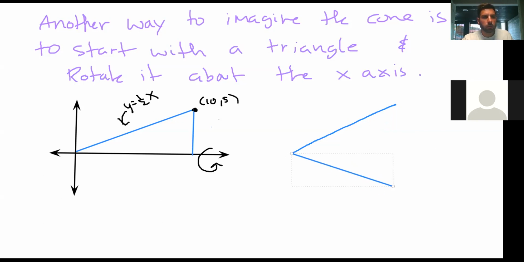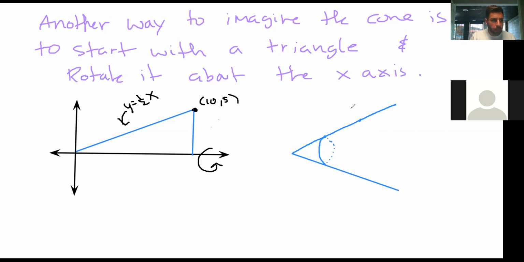What you need to imagine is that each point on this top line rotates around the x-axis. If the point's here, it rotates down and around to here and then back up through to the other side.